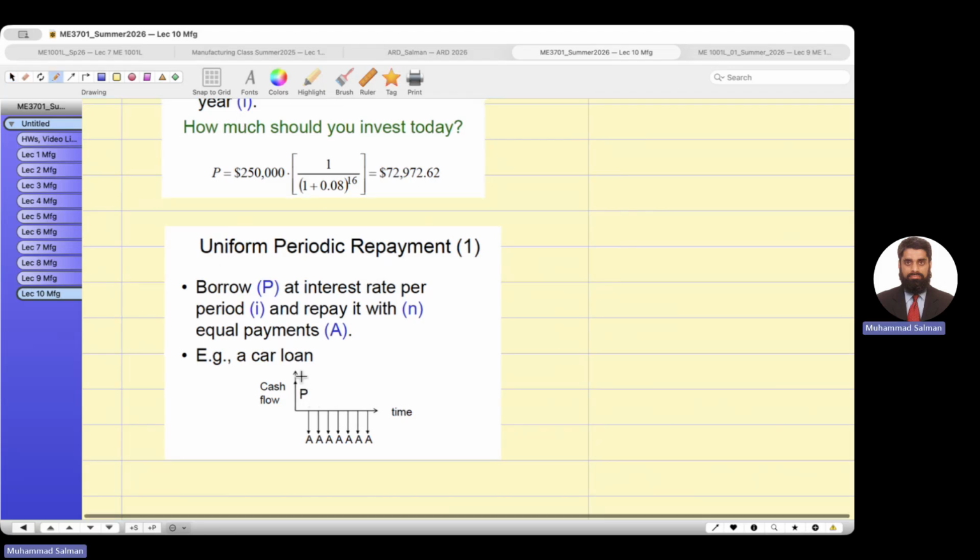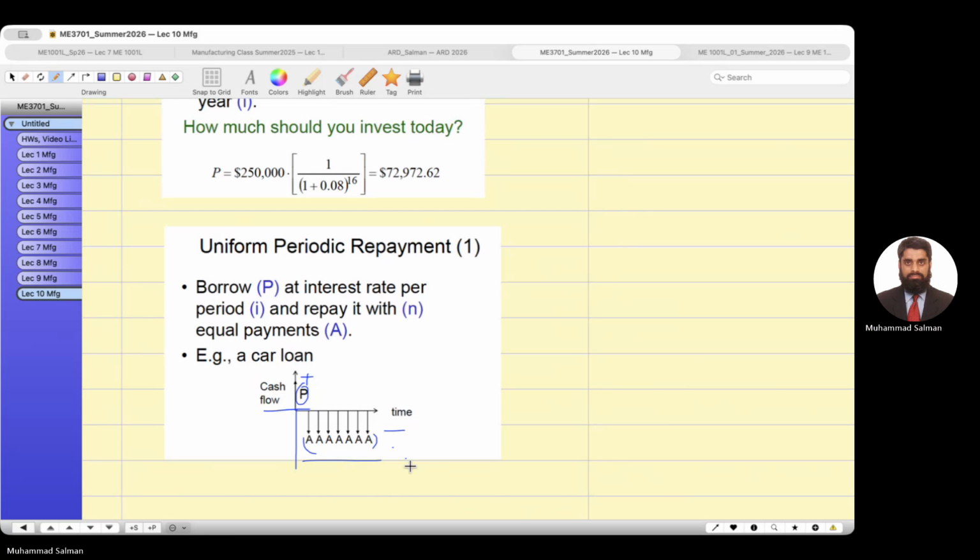This arrow means you are getting money. This arrow downward means you are subtracting, like the y-axis, you remember? Upward is positive. Your bank gains money and then you have to pay annually or equal payments. So these are the formulas.